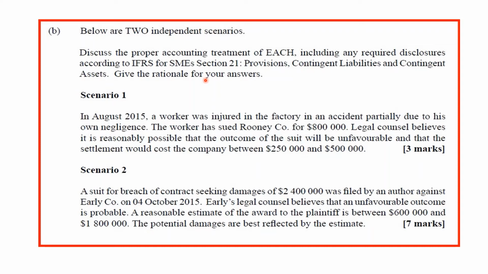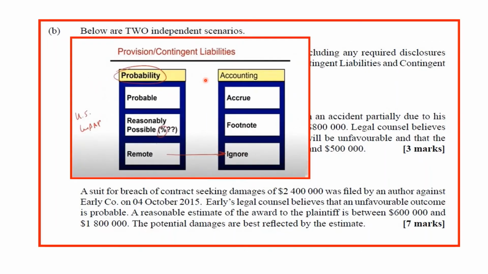Okay, now I have here summarized in this diagram how the accounting treatment for contingent liabilities and provisions depends on their probability.